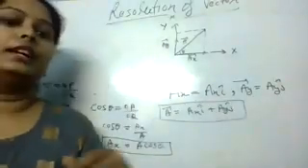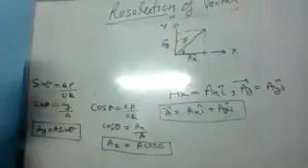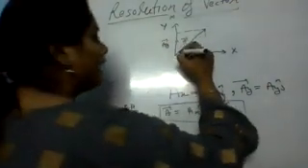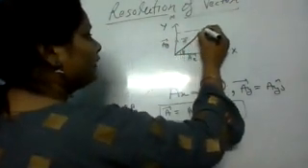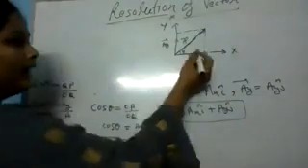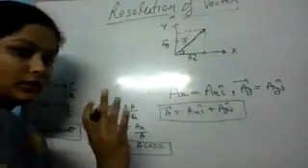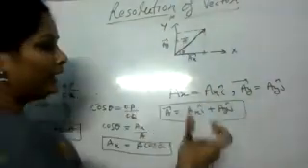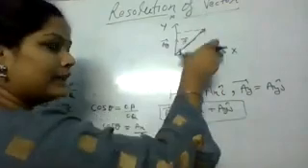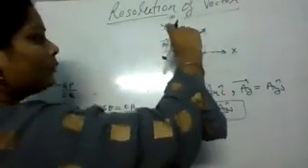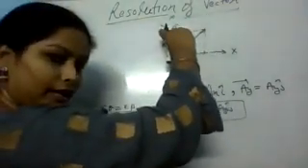Now, let's see resolution of vector. So here I have a vector. This is your A vector, right? And now this A vector is in the XY plane. In resolution of vector, we will see how we can find the component of A vector in X direction and the component of A vector in Y direction.